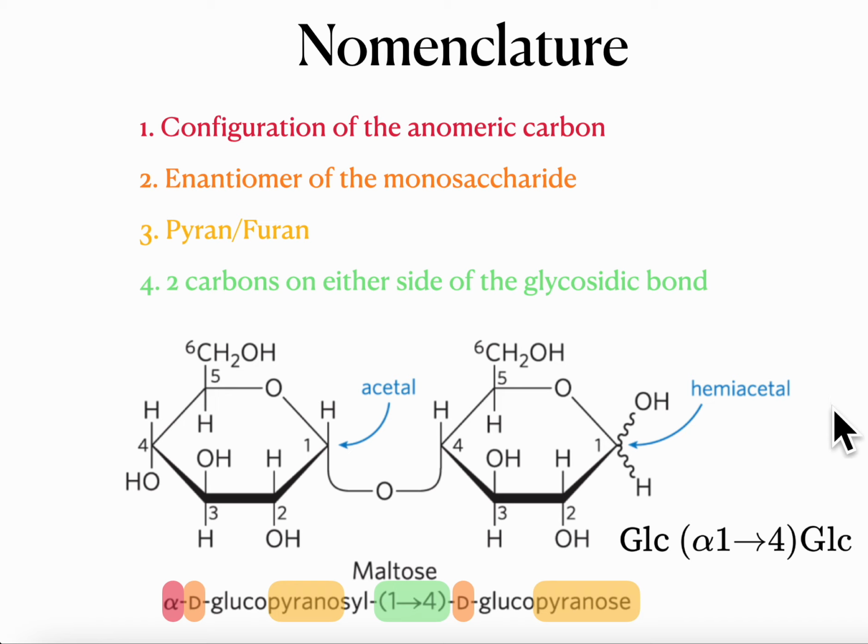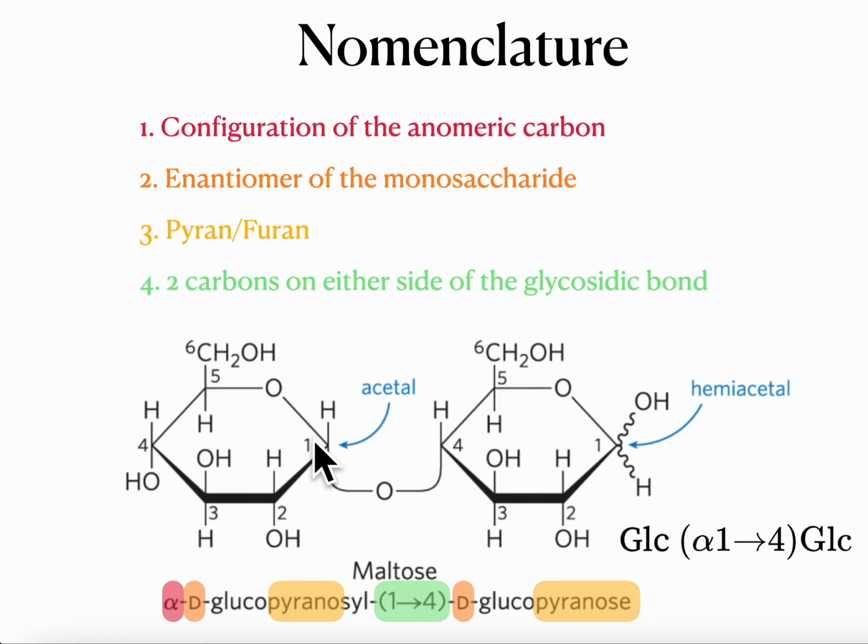So how do we name disaccharides? First of all, we have to figure out the configuration of the anomeric carbon specifically for the glucose on the left, because it cannot convert between its alpha and beta configurations anymore since, as I said before, it's locked into place by the glycosidic bond.